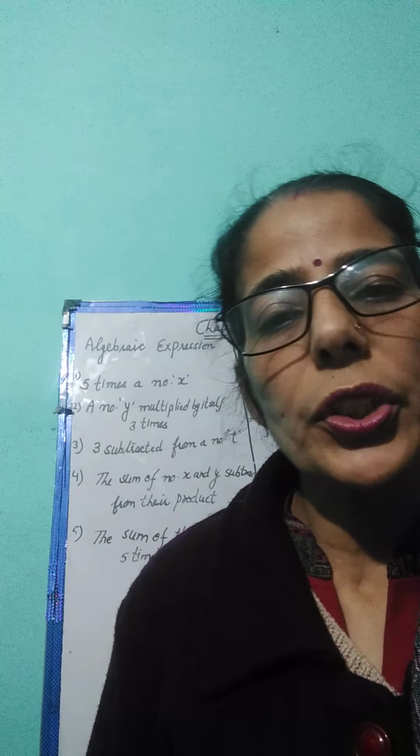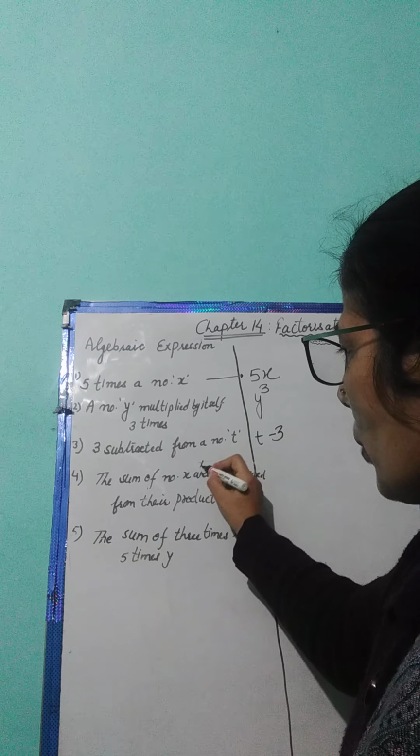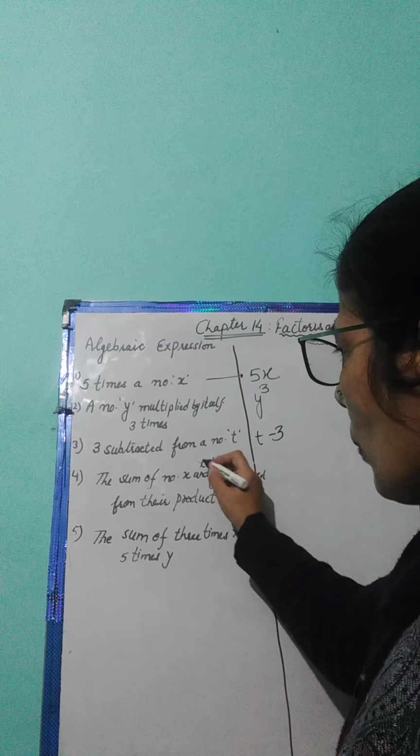3 subtracted from a number t. 3 is to be subtracted from which number? From t. It means t minus 3. The sum of number x and y subtracted from their product. The sum of number x and y means x plus y.